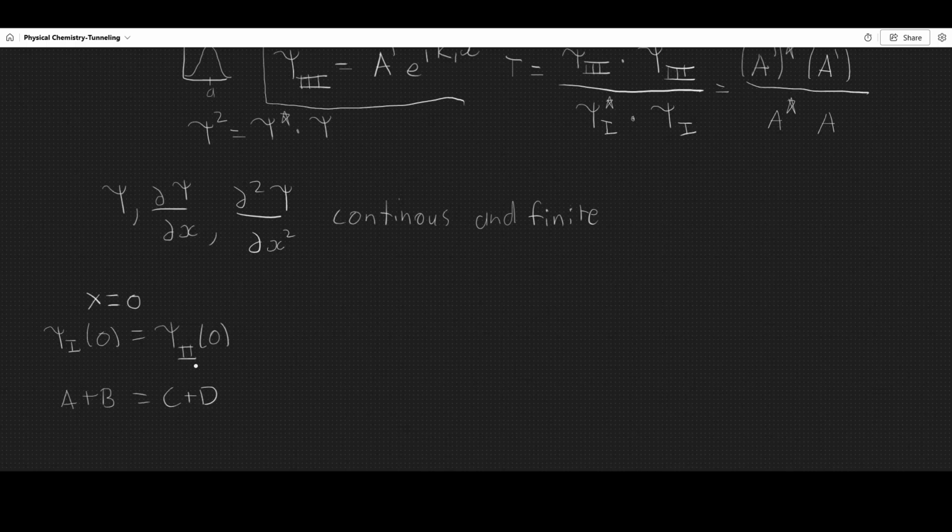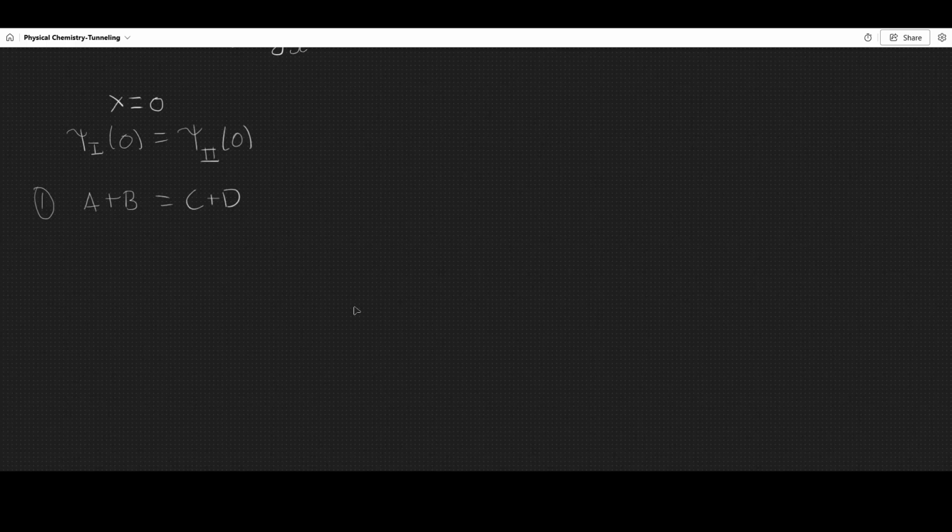Now we also have the first derivative, and let's number our equations. We have another one: del psi 1 del x at x equals 0 is equivalent to del psi 2 del x at x equals 0.